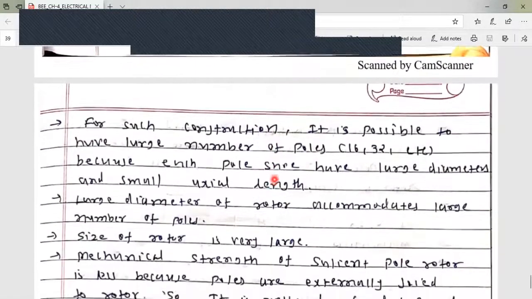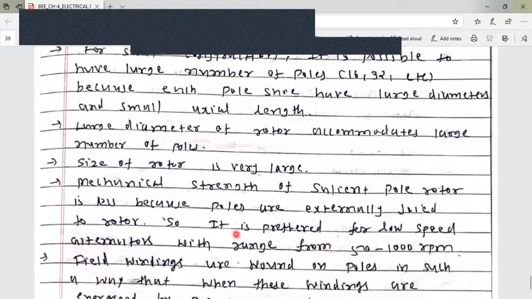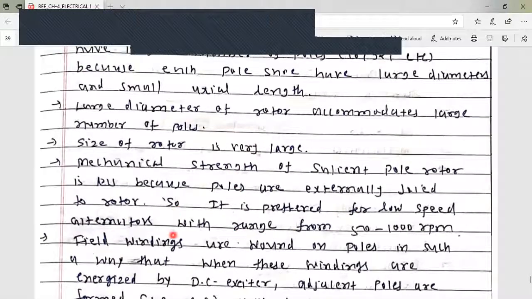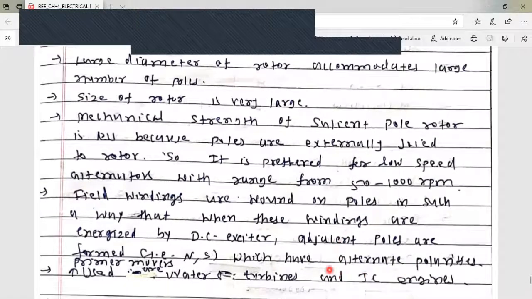And last, a large diameter of rotor accommodates a large number of poles. That's why the size of the rotor is very large, but this type of rotor is preferred for low speed alternators. When we give DC voltage to the field windings, adjacent poles are formed which have alternate polarities. And last, the prime movers used are water turbines and IC engines.